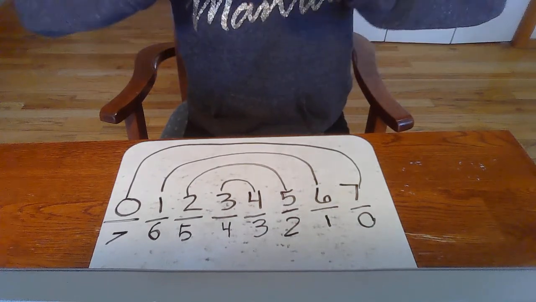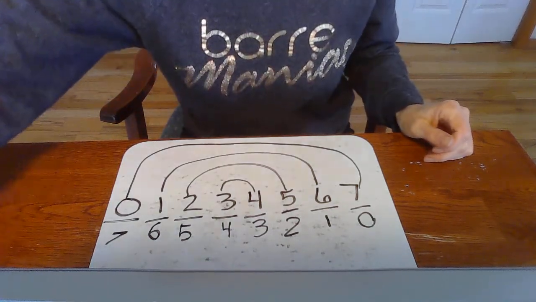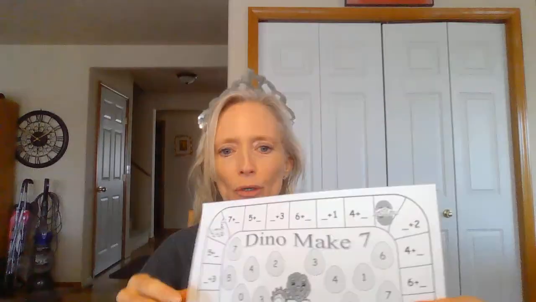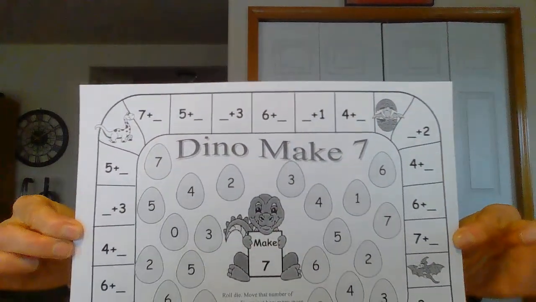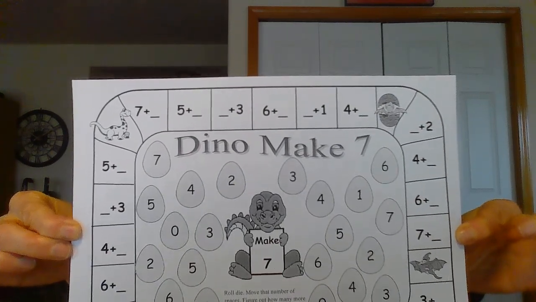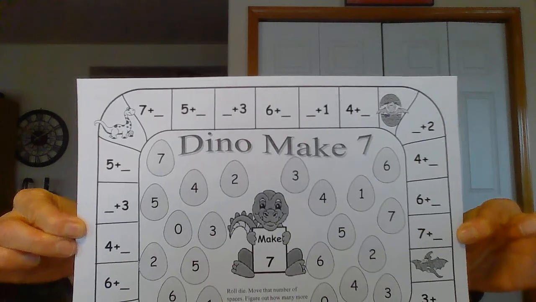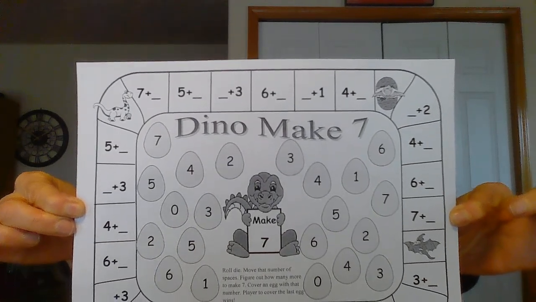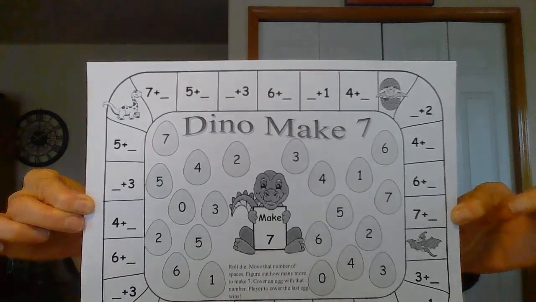And now I have a game that we're going to play called Dino Makes 7. I'm just going to hold it up here really quickly. And again, what you're going to notice is that there are different equations all around the board here. And you know one of the parts of 7, but the other part is missing.